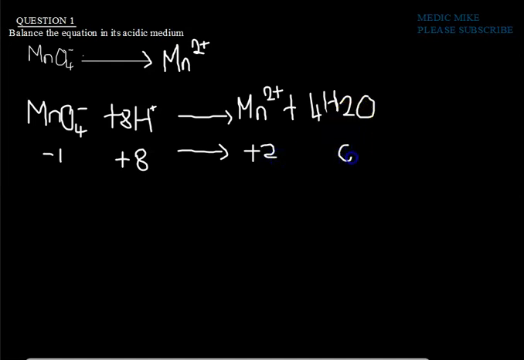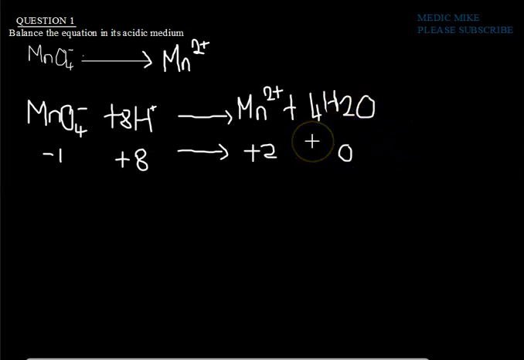Why are we having a 0 charge? If you can recall the rules of oxidation number in different particles or different atoms or ion, for a compound that is not carrying any particular charge, the oxidation number is equal to 0. So this H2O here has a charge of 0.